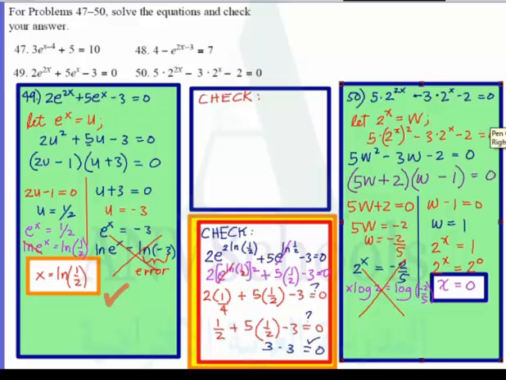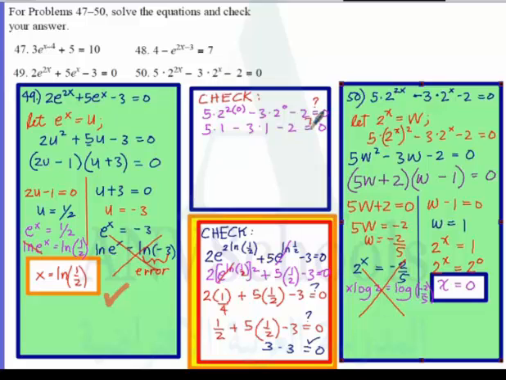So this gives me 5 times 2 raised to 2 times 0 minus 3 times 2 raised to 0 minus 2, is it equal to 0? So it's questionable. Okay. Now I will proceed. So 5 times 2 raised to 2 times 0, so 2 raised to 0, that's just equal to 1. Minus 3, 2 raised to 0 is just equal to 1. Minus 2, is it equal to 0?